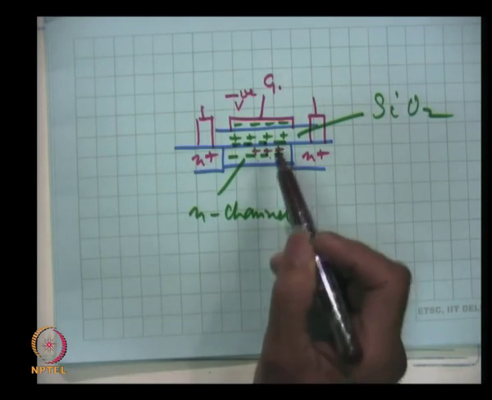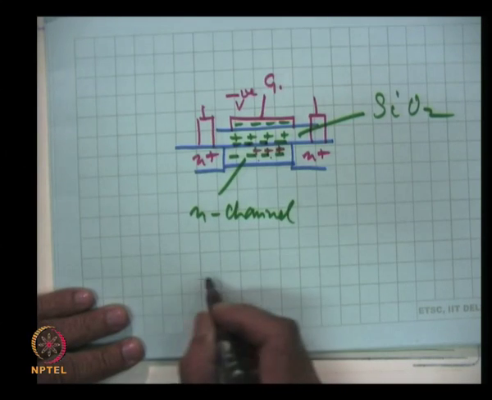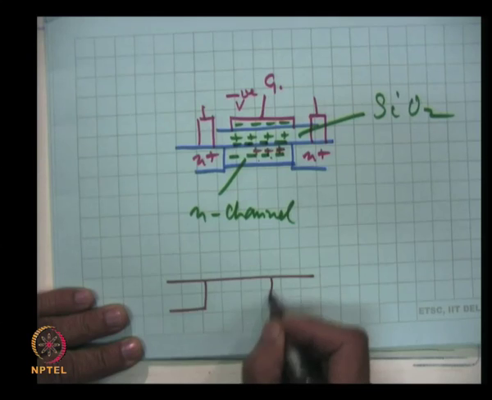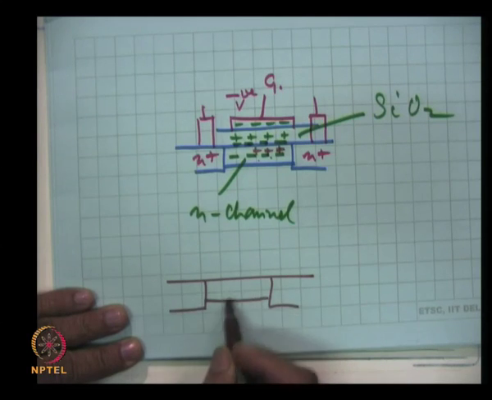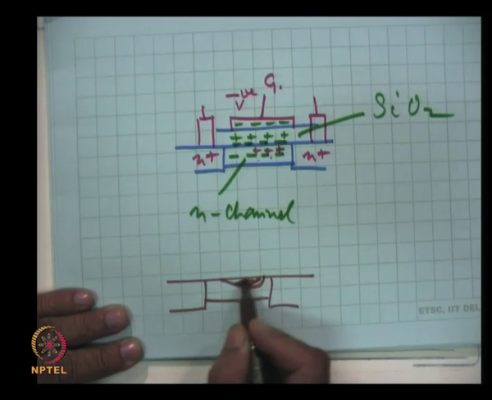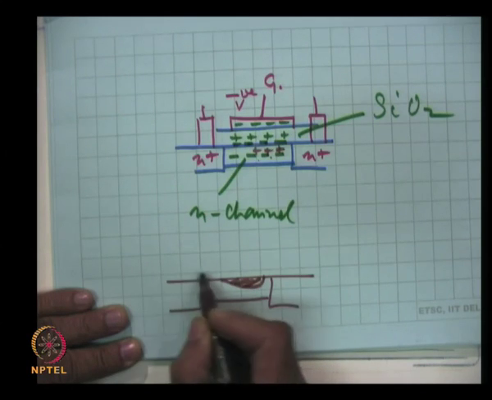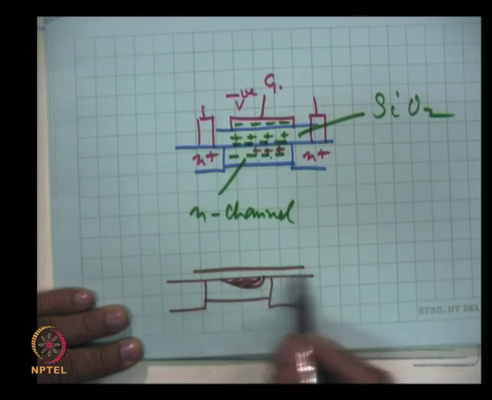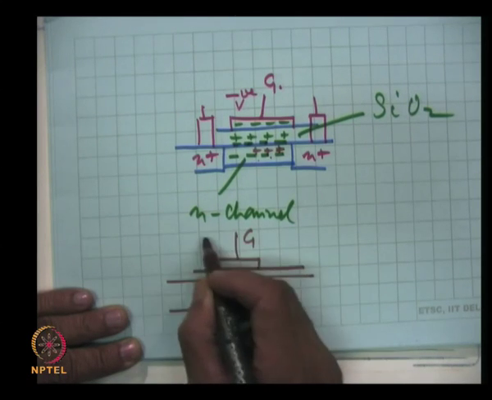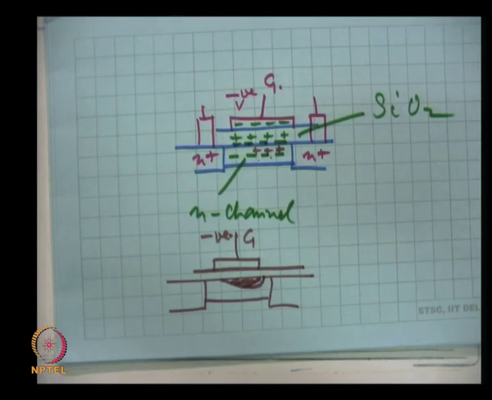So, therefore, in this region, this is the channel. Now, this is the depletion region which will occur, and this is of course the oxide and this is the gate negatively charged.